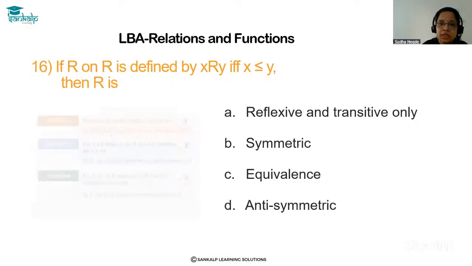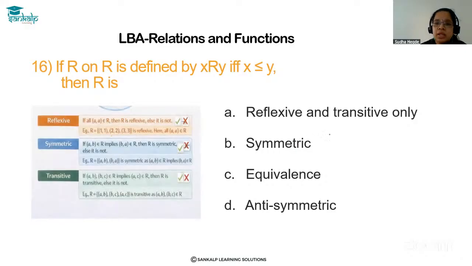Okay, what is given? The relation is defined as x less than or equal to y. Since less than or equal to is there, x can be equal to x. Correct?